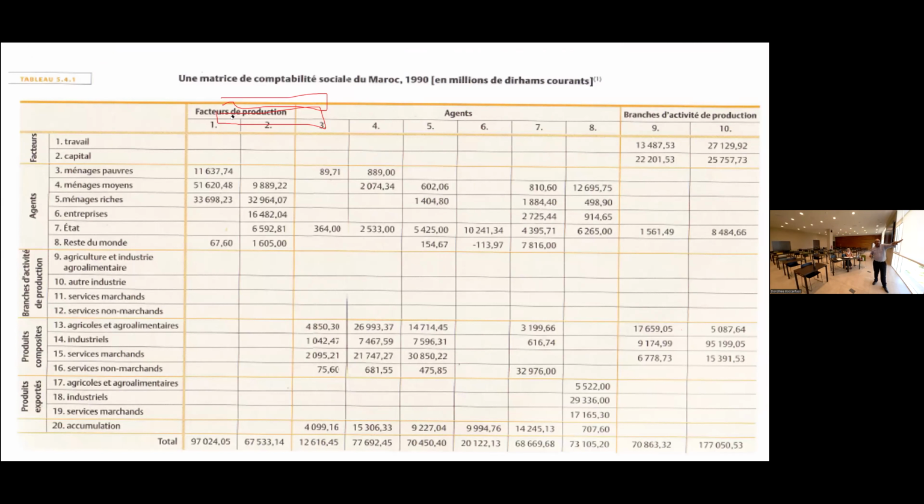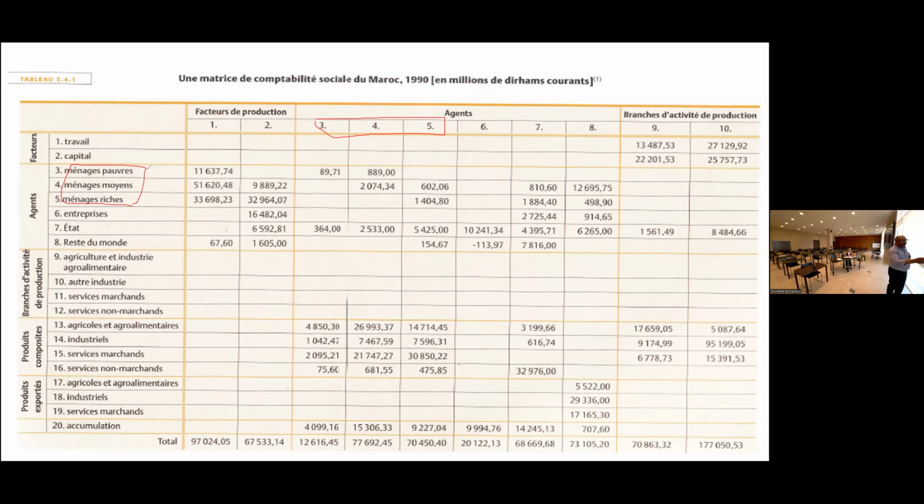If we are looking for the households, the household agent here, you can take one of the three households here: poor household, intermediate household, and rich household. We can look in each row. We can look for the incomes of these households.